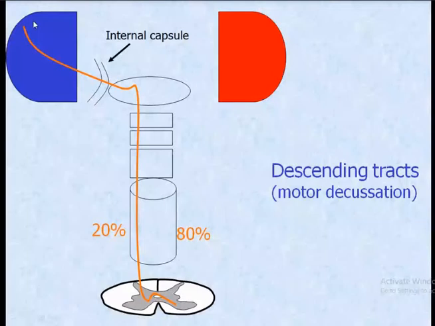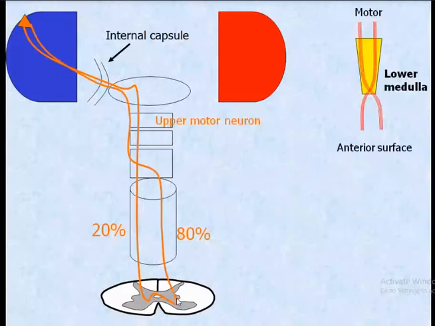Then, like the ascending fibers, the descending tract also has contralateral representation, isn't it? Almost all the ascending tracts had contralateral representation except the spinocerebellar pathway. The cerebellum has ipsilateral representation. Likewise, in the descending tract also, almost all have contralateral representation, with only a few exceptions.